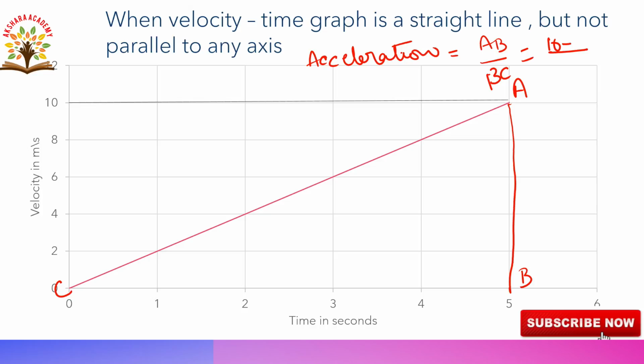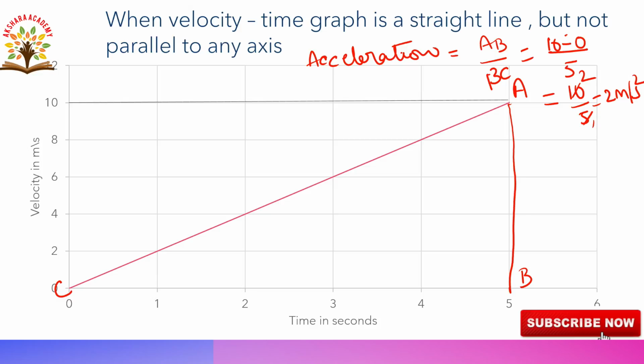So 10 minus 0 is 10, 10 by 5, that is 5 twos are 10, so 2 meters per second square. So from this graph we calculated acceleration, equal to the slope of the graph, that is 2 meters per second square.